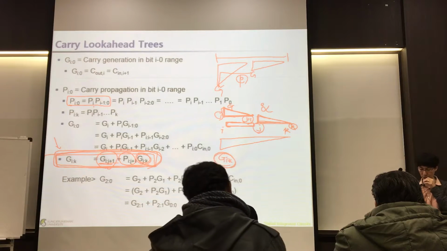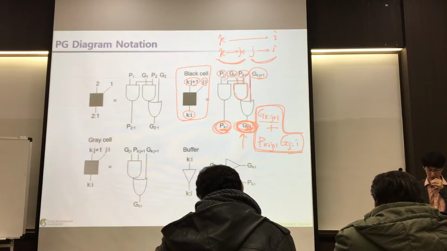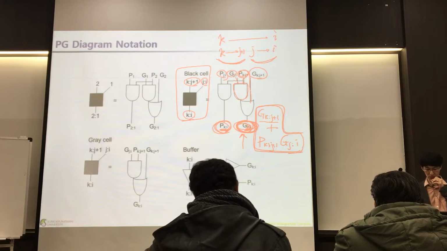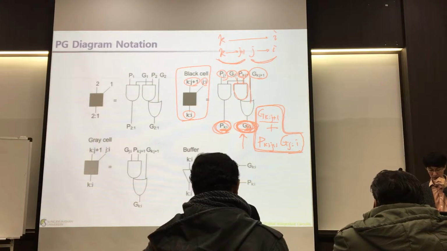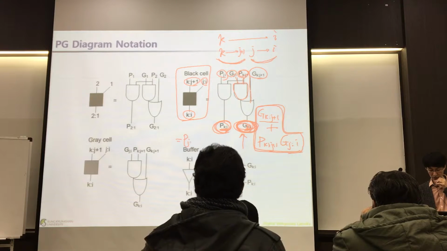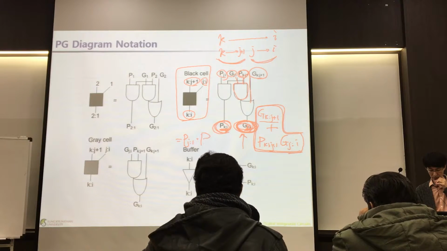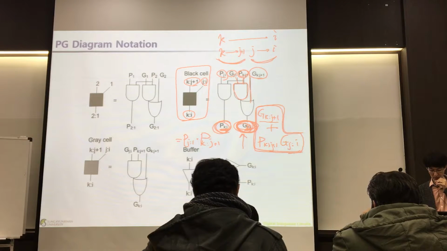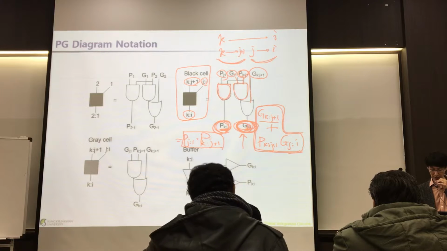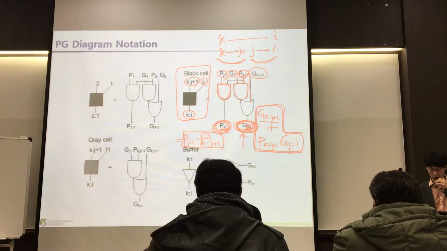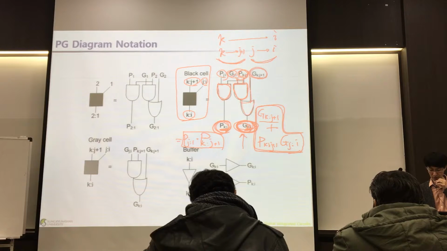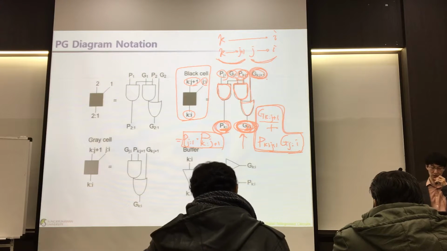You just AND the sub-range propagation conditions. So for propagation for k to I, it's basically propagation j to I times propagation k to j plus 1. So for propagation, you just simply AND. For generation, you AND for the lower range, or you just take the G for the higher range.